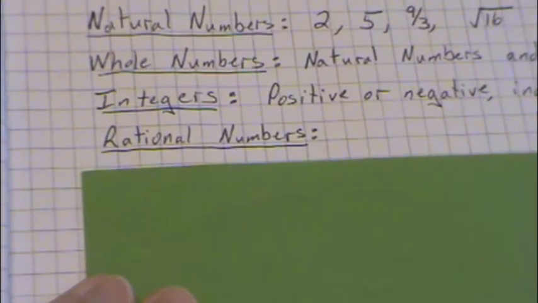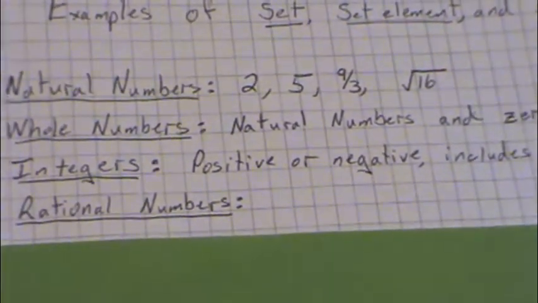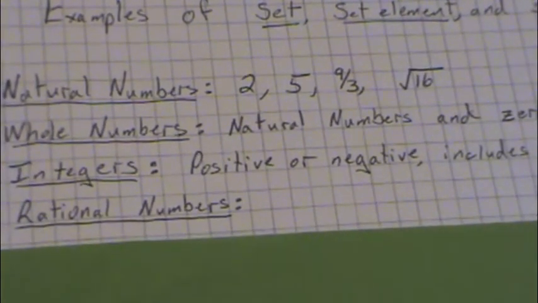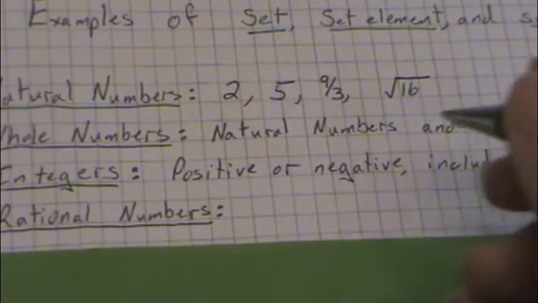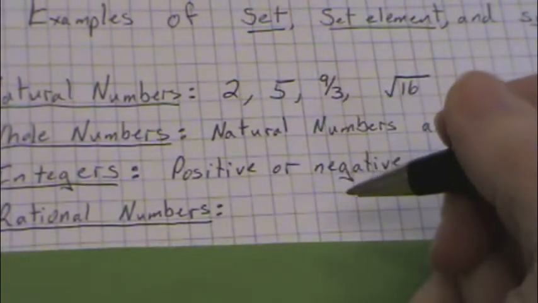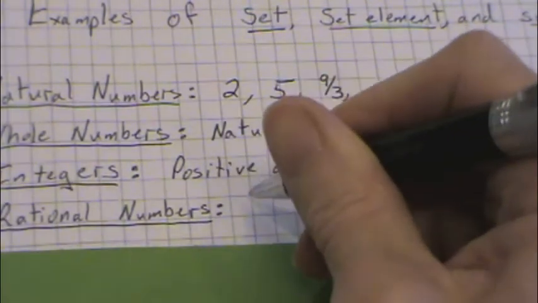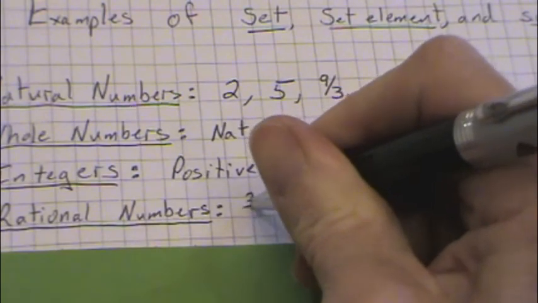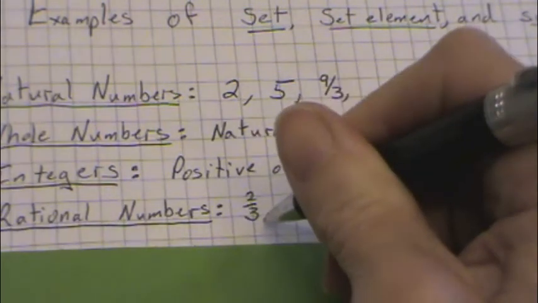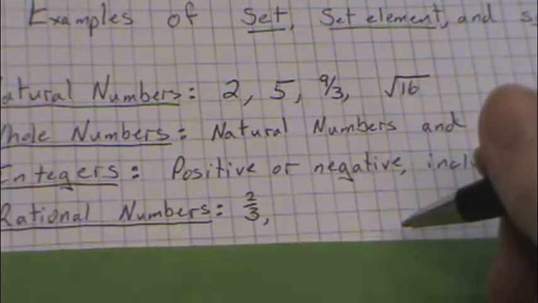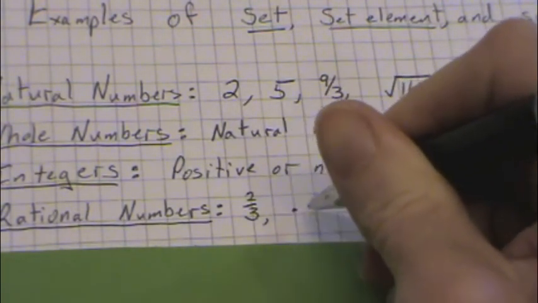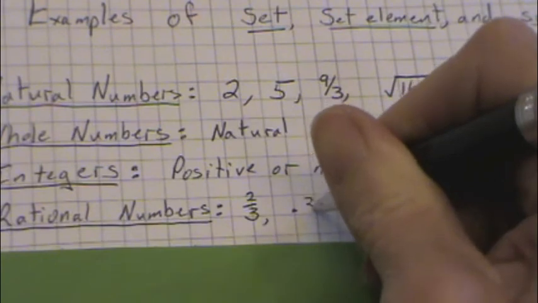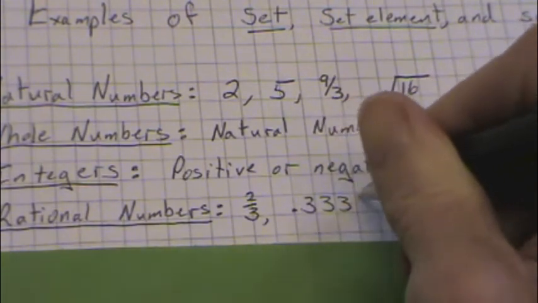We're getting into rational numbers. Rational numbers are lots of different kinds of things. They could be fractions that don't reduce to a whole number, like 2/3. They could be decimals that repeat, like 0.3333.